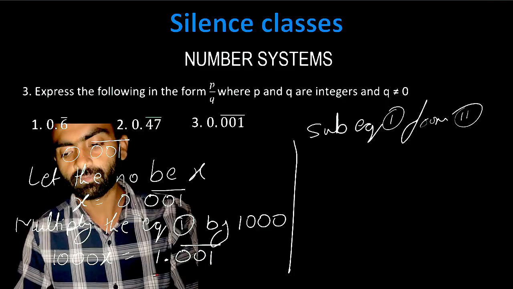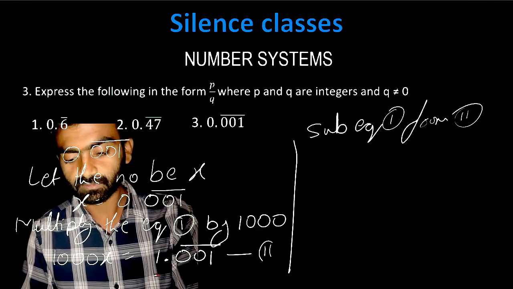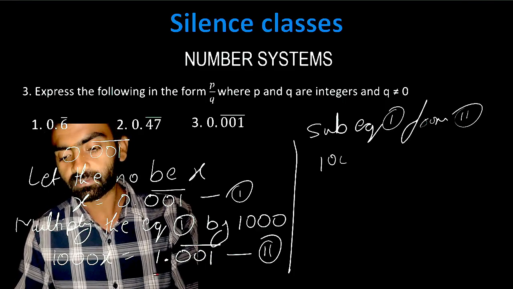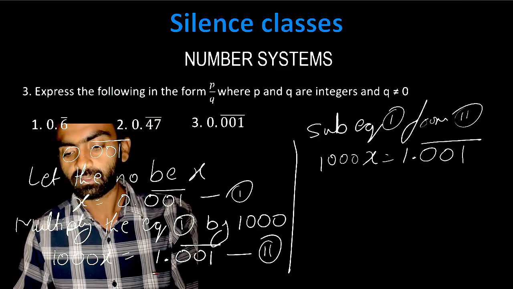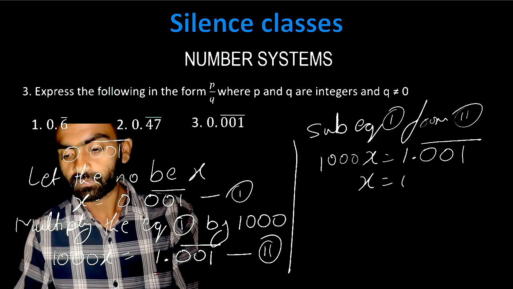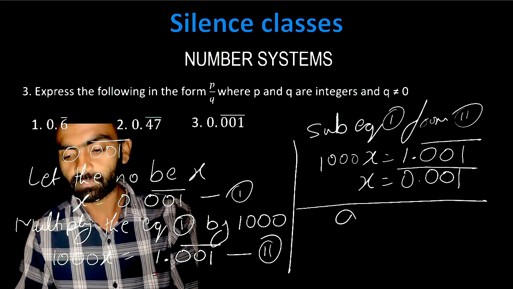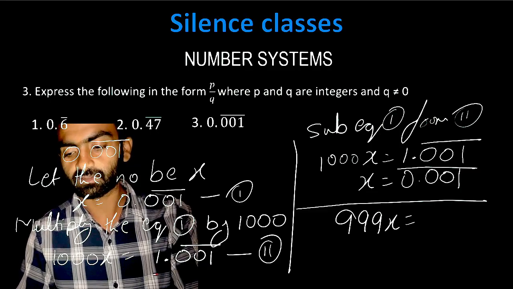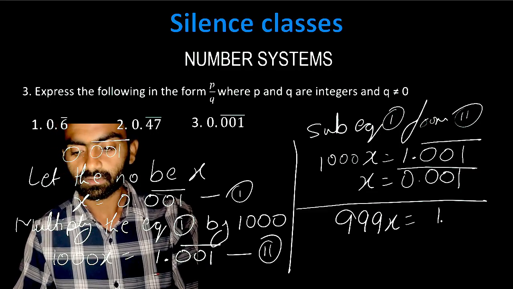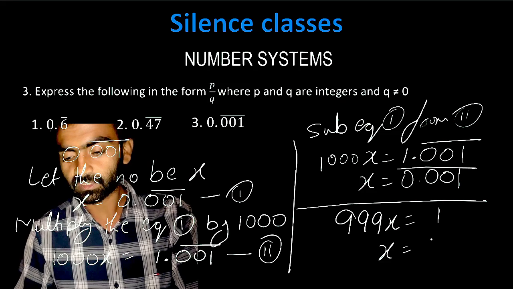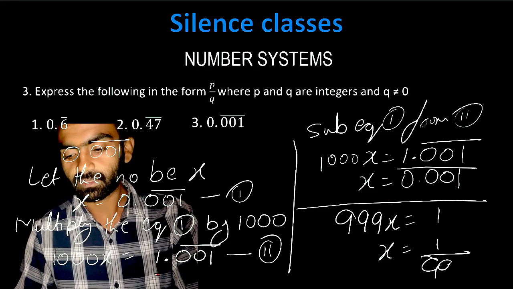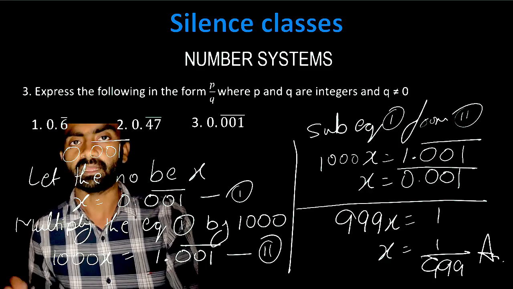The equation 2 is 1000x is equal to 1.001 and x is equal to 0.001. So it will become 999x is equal to 1. So we can write x is equal to 1 upon 999, and this is the answer.